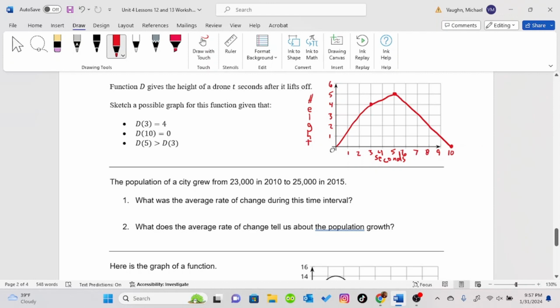D of 3 equals 4. D of 10 equals 0. And D of 5 is greater than D of 3 because D of 5 equals 5 and D of 3 only equals 4.